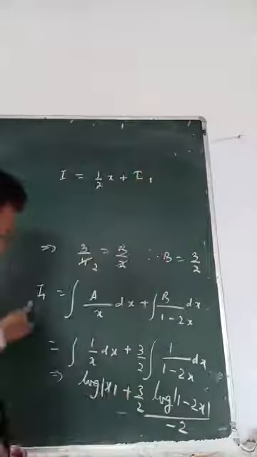Now I am giving one question to you, you try to solve. Suppose you get a question, the integral of (x cube plus x plus 1) by (x square minus 1) dx. So you try to solve it.